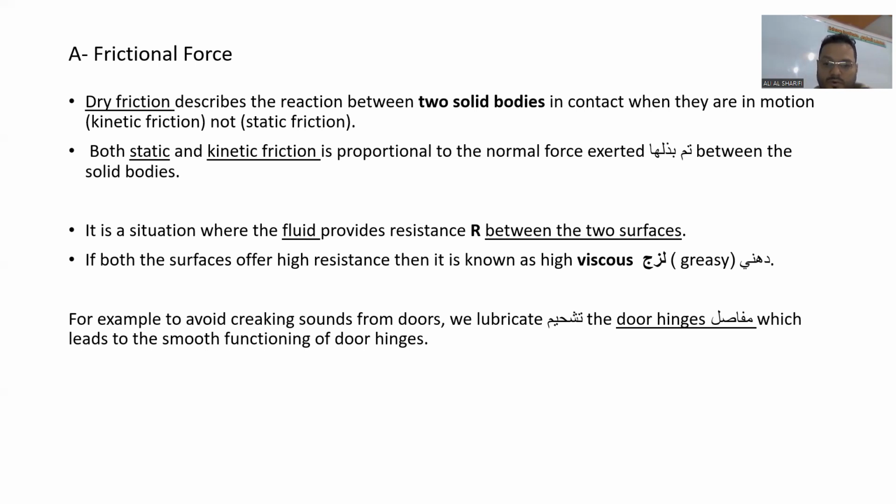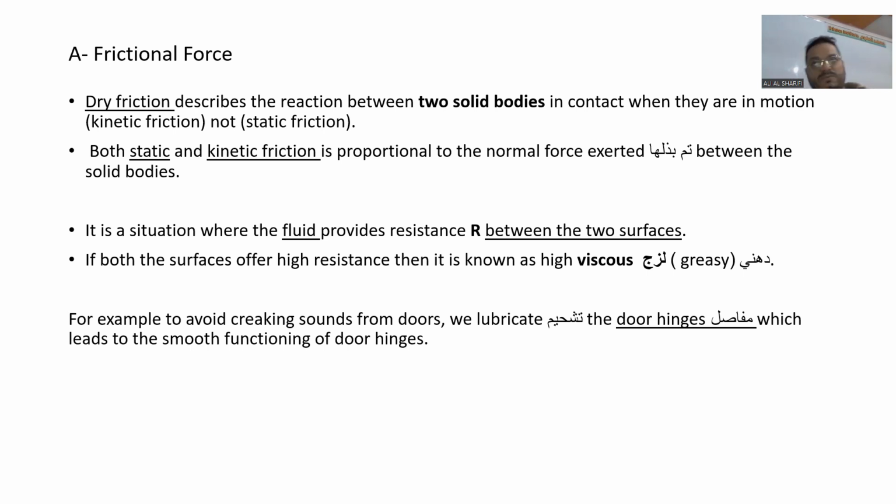when a little oil is missing because of use, these sounds will start to appear. We lubricate, that means we put some oil or a greasy thing between these two solid bodies, the door and the door hangings, which leads to the smooth functioning of the door hangs.